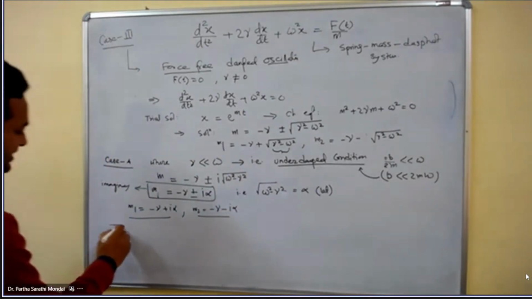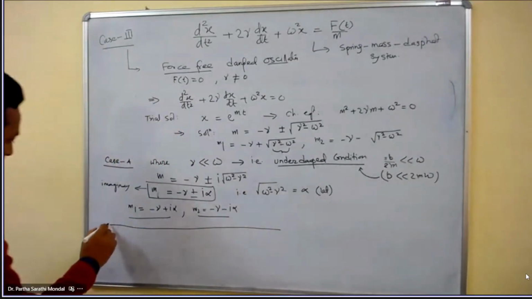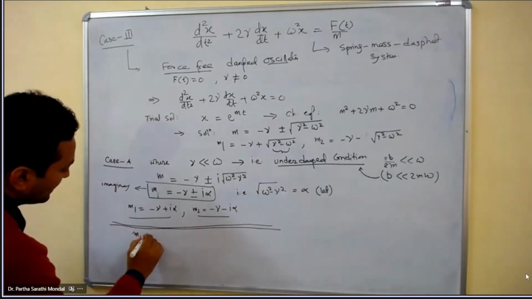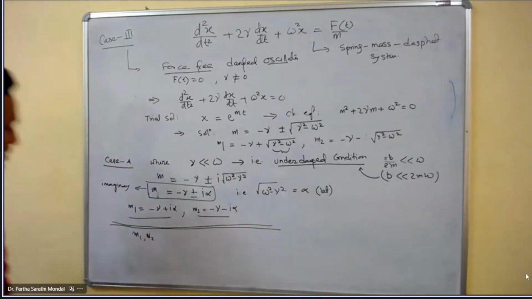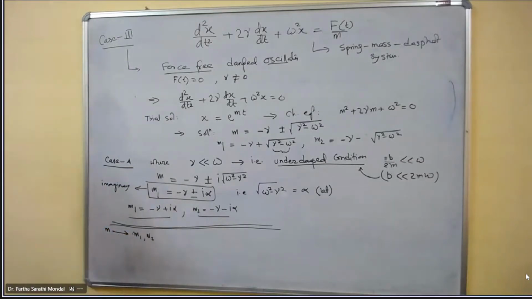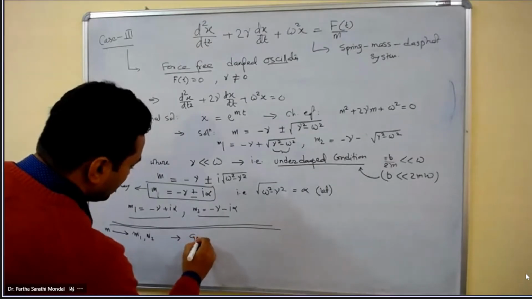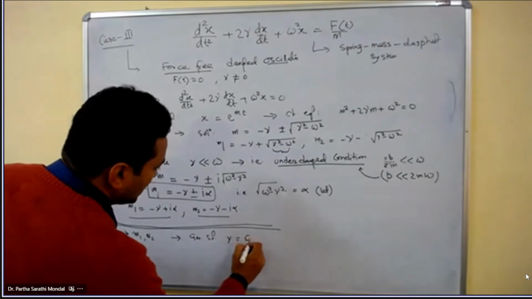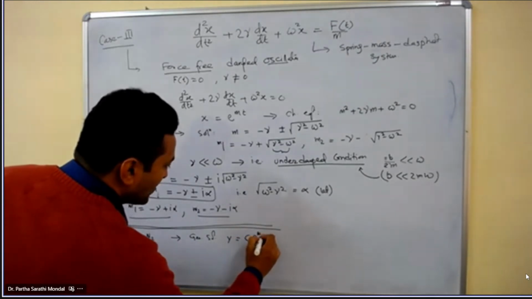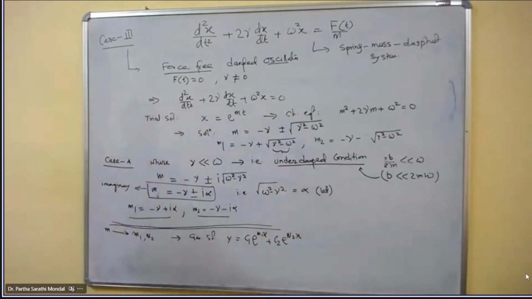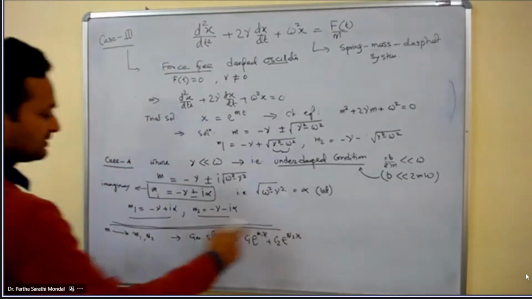Now from the differential equation, if you know that m1 and m2 are the two roots of the characteristic equation, then the general solution you can write as x equals c1 e to the power m1 t plus c2 e to the power m2 t. That is the general solution.